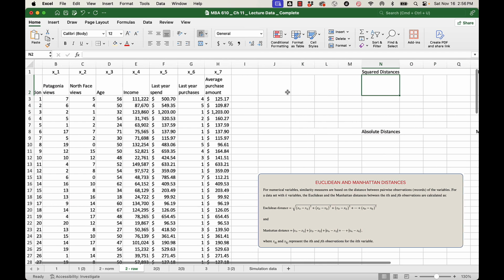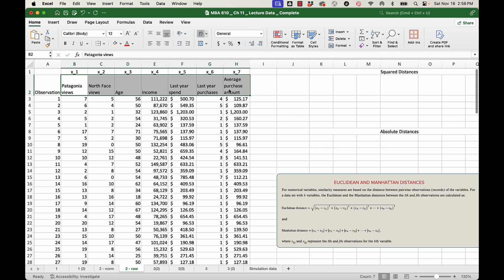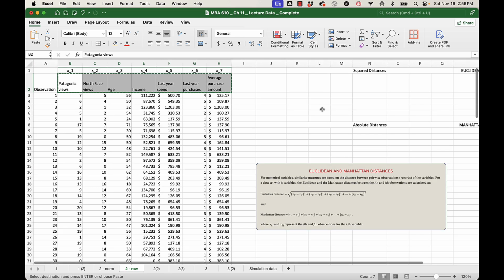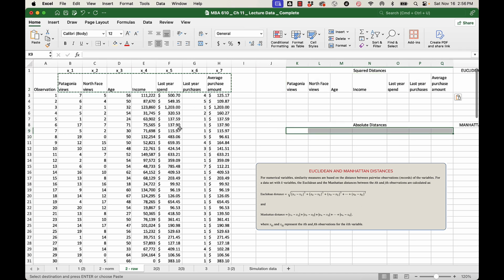To do a lot of these, I like to just copy the variable names over. I'm going to have to zoom out a little bit. I swapped screens. And here, because I don't want to make this really large, I don't want to have to thicken it up, make it taller, I'm just going to use x1 to x7. It's the same thing.